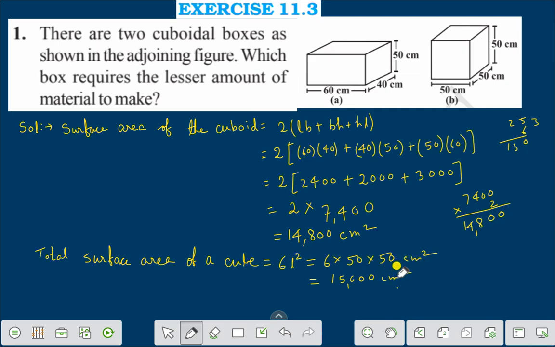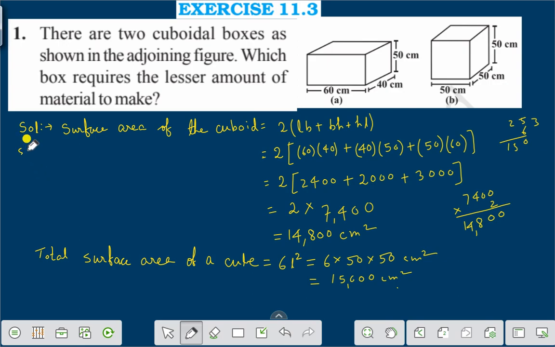Therefore, the surface area of the cube is 15,000 centimeter square, and the surface area of the cuboid is 14,800 centimeter square. Here you see that the surface area of the cuboid is less than the surface area of the cube.